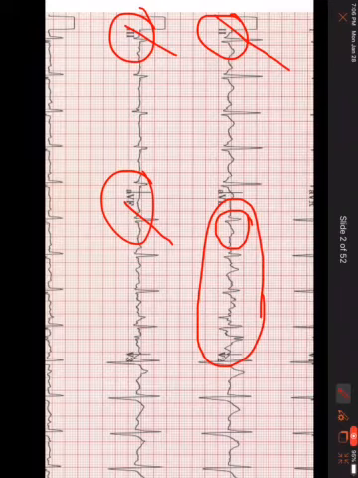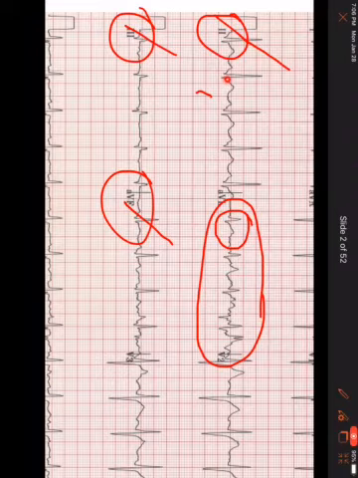And I'm going to try to use the laser to show you what I'm looking at and what I am calling the J point. Okay? So right about there, we're looking at the J point, or the junction between where my S wave becomes, or goes into, my T wave, and that's called the ST segment.